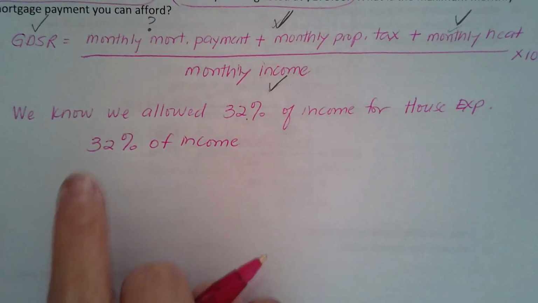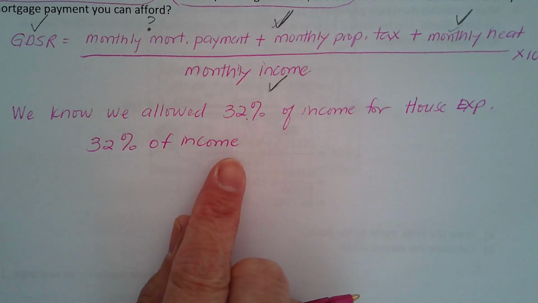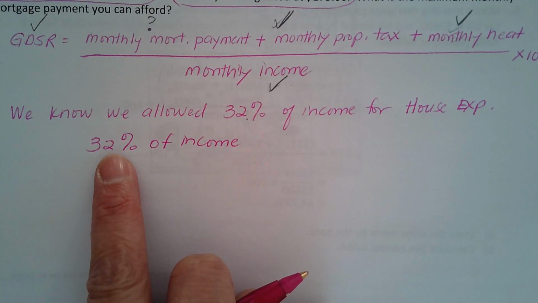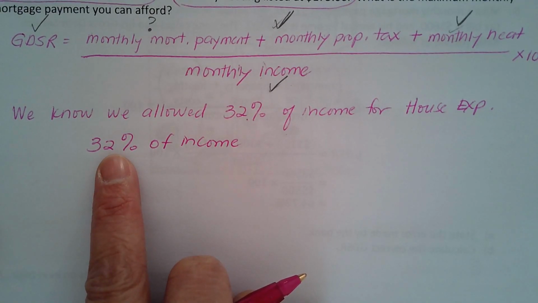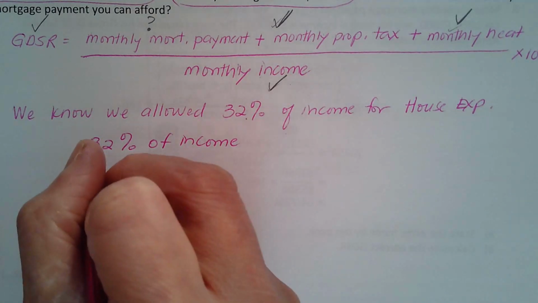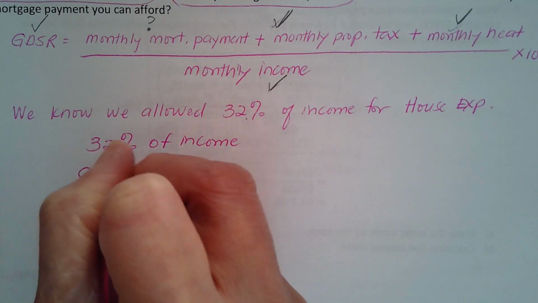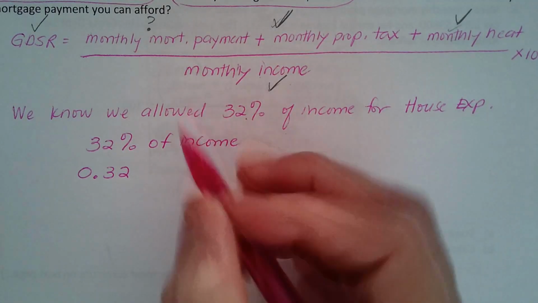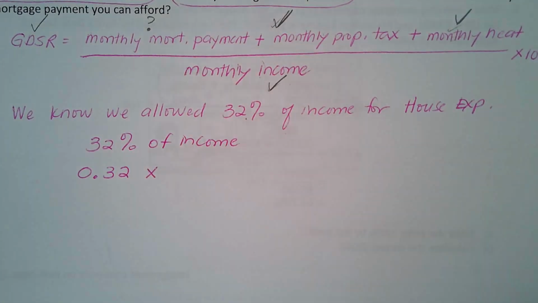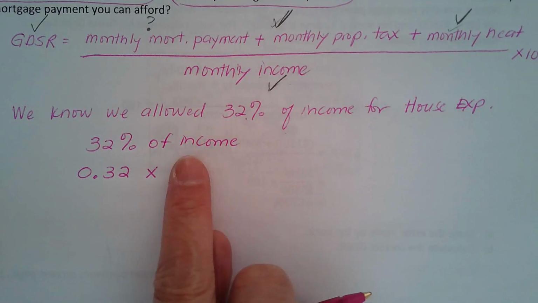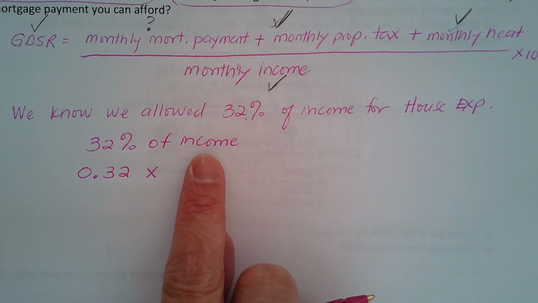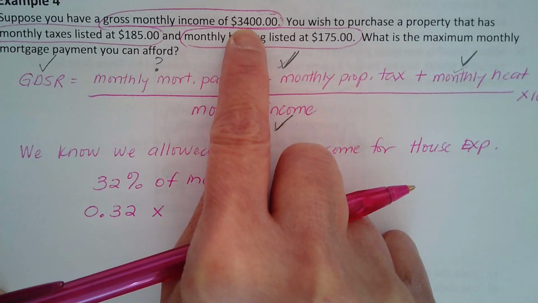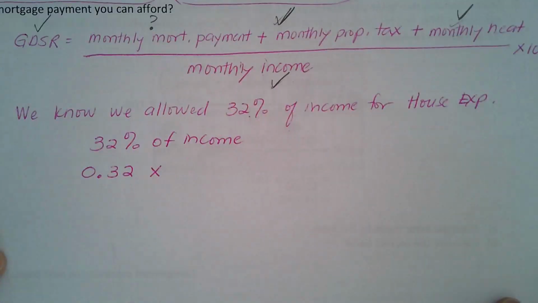Okay, how do we take 32% of the income? So we know 32% is 32 over 100, right? 32% is 32 over 100. And if we do that, it's going to be 0.32. The word of, usually in math, it's times. And then the income, well, how much is the income? Income, going back up here, is given. It's 3,400.